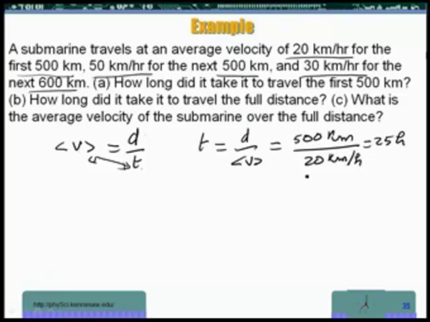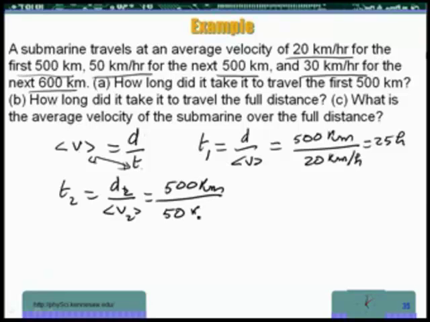Now the next question is, how long did it take it to travel the full distance? Okay, it's painful, but we have to do this for the other segments. Now the time for the first segment is T1, so T2 is going to be d2 over average velocity 2. In this case, that's another 500 kilometers over 50 kilometers per hour, and that gives us 10 hours.